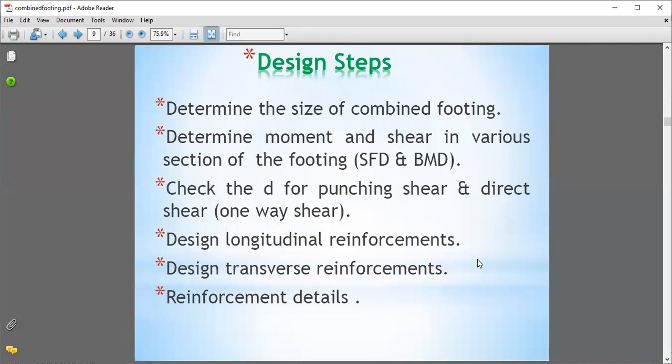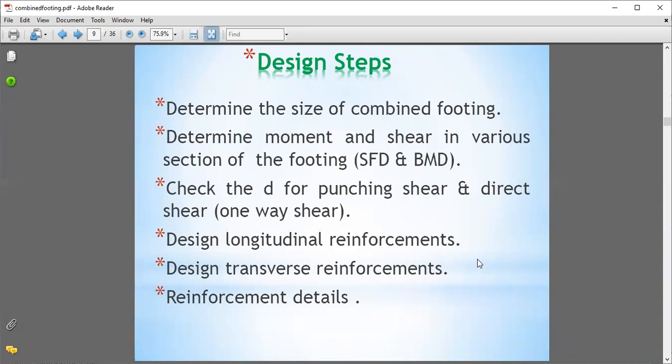That is, the SBC is equal to P by A, the load divided by the area of the footing. P is nothing but the load, A is the cross-section area of the footing and the SBC is nothing but the safe bearing capacity. So based on this formula, we can calculate and take a judgment about the size of the footing.